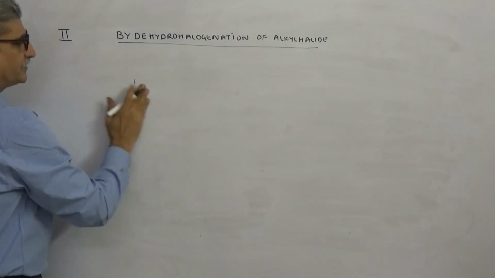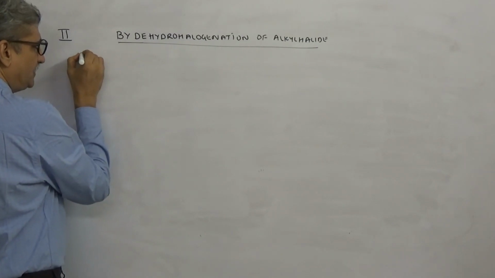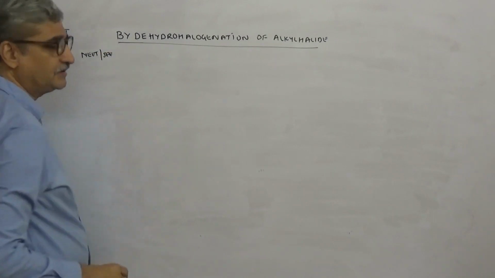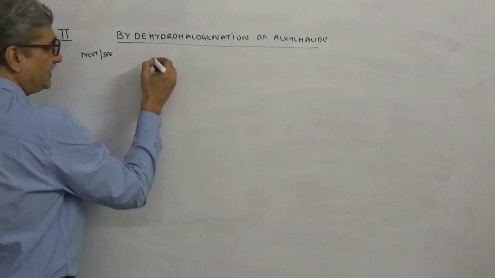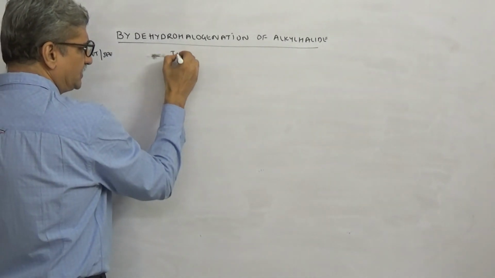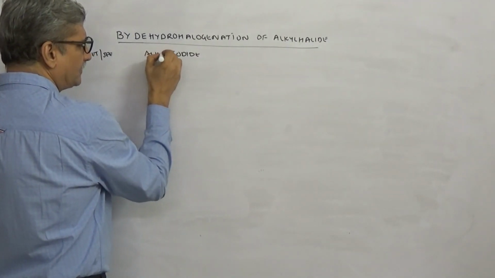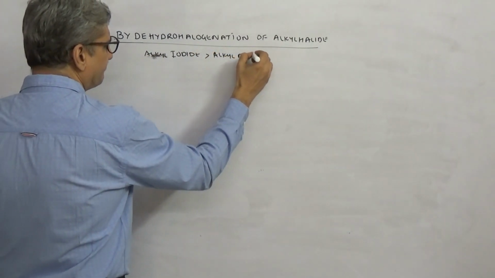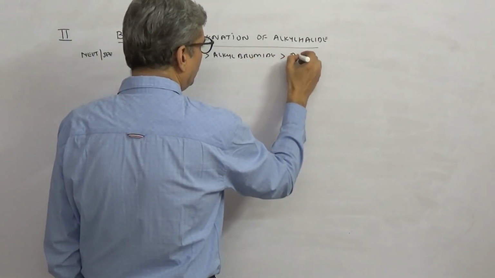We'll come to the NEET question first. For NEET and JEE, what can be the question that they can ask? Which would undergo dehydrohalogenation easily? It will be alkyl iodide greater than alkyl bromide greater than alkyl chloride.